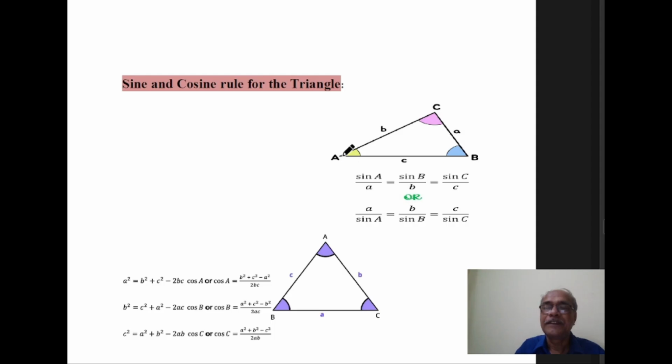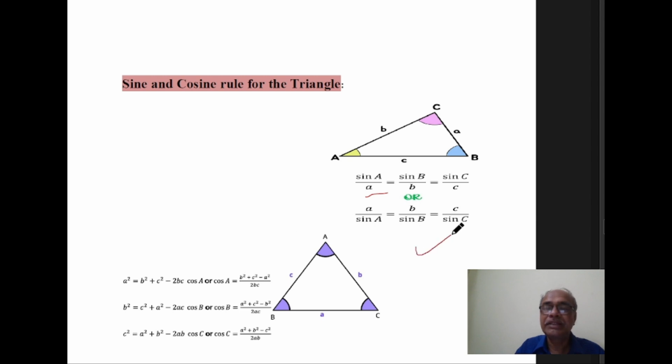Then sine of an angle divided by its opposite side is always constant. So sine A by a equals sine B by b equals sine C by c. Or reversing, a by sine A equals b by sine B equals c by sine C.